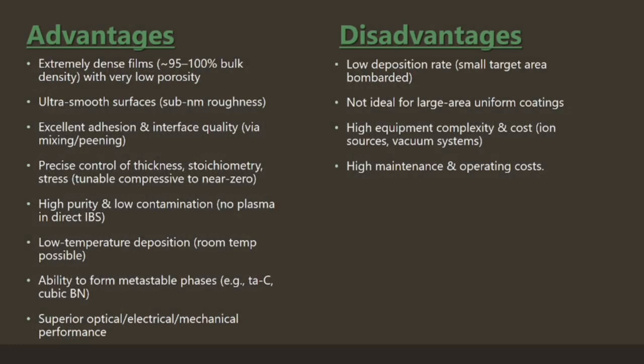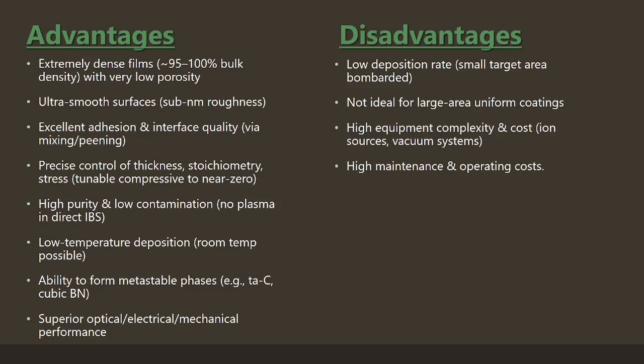Next, we will come to the advantages and disadvantages of ion beam deposition. When we come to advantages, we can form extremely dense films with very low porosity, and we can have an ultra smooth surface, with excellent adhesion and interface quality. We can control the thickness of the thin film. We can control the stoichiometry.